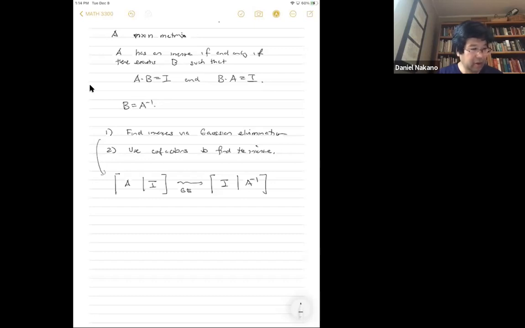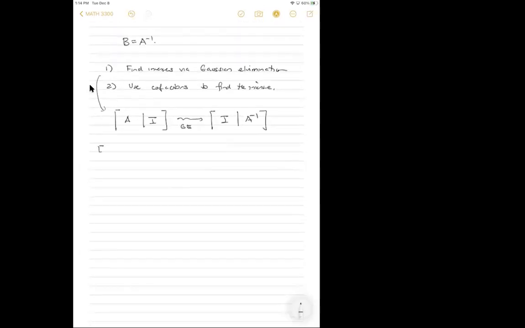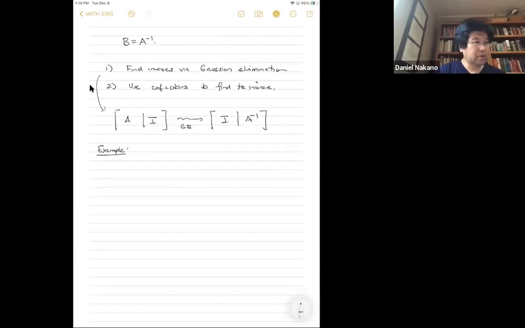I don't know if we have time, but we might as well do one. So let's do an example. Find the inverse of A, which is 2, minus 1, 0; minus 1, 2, minus 1; 0, minus 1, 2.